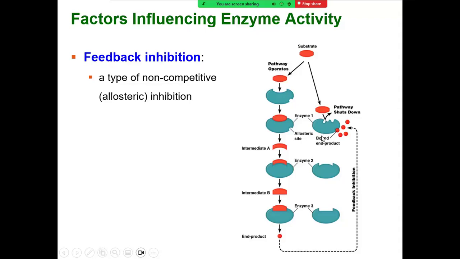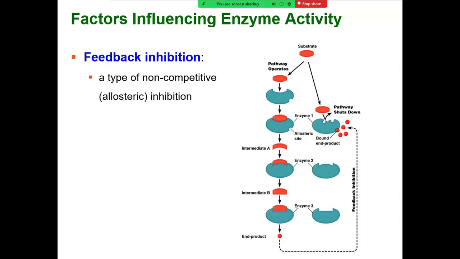And if you do that, then no intermediate A will be made. So you've just shut down the entire reaction. No intermediate A is made, no intermediate B is made. No intermediate B is made, then no end product is made. So this feedback inhibition can shut down the entire pathway.